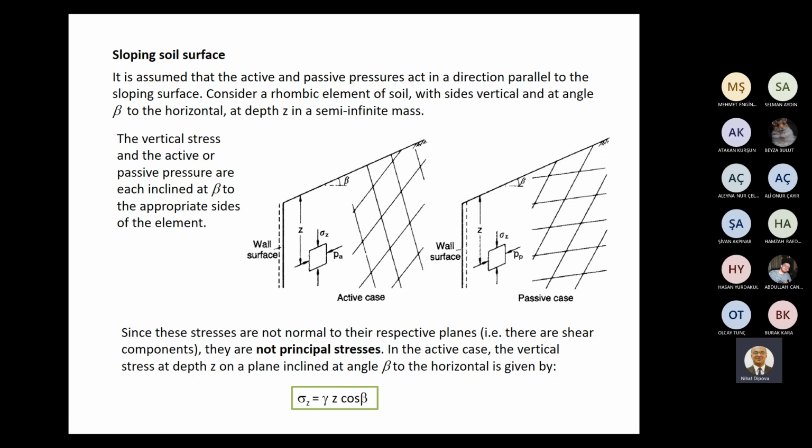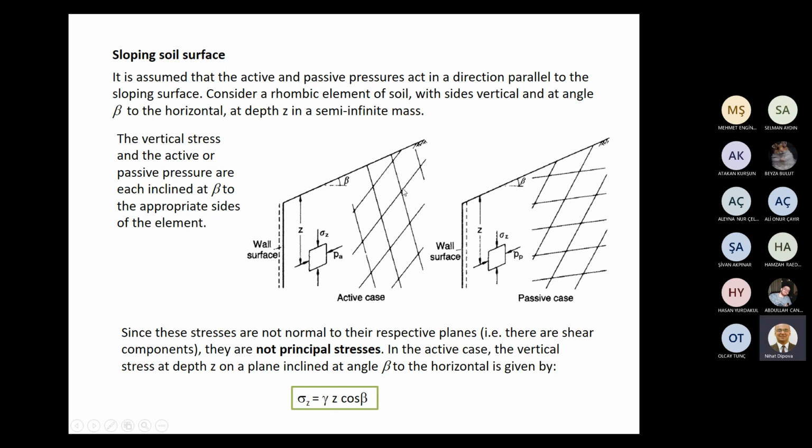Consider a rhombic element of soil. Rhombic element in Turkish baklava. A rhombic element of a soil with sides vertical and at an angle beta to the horizontal at depth z in a semi-infinite mass.